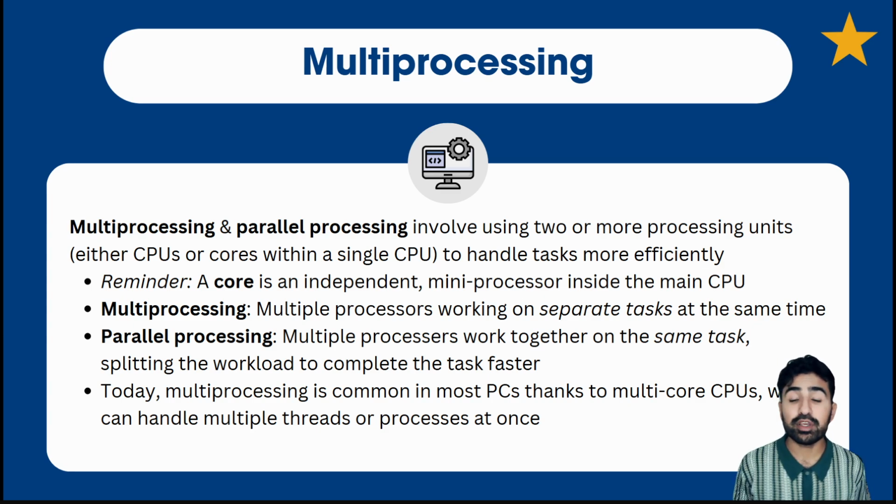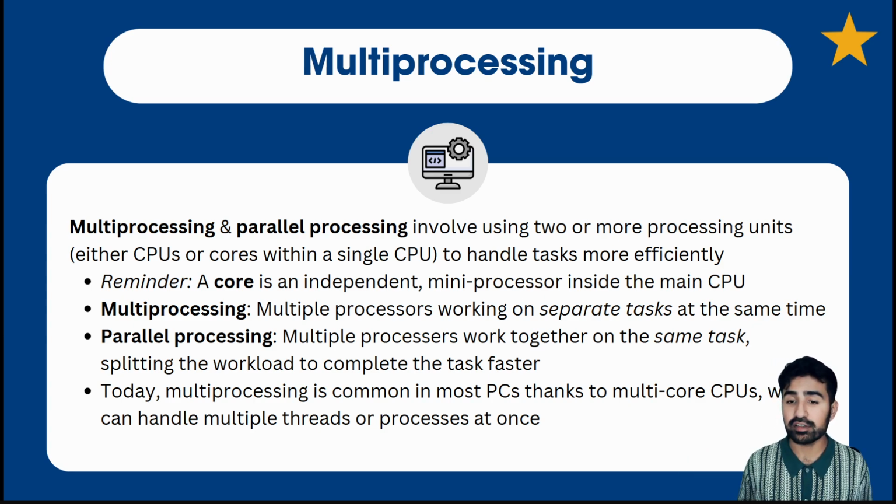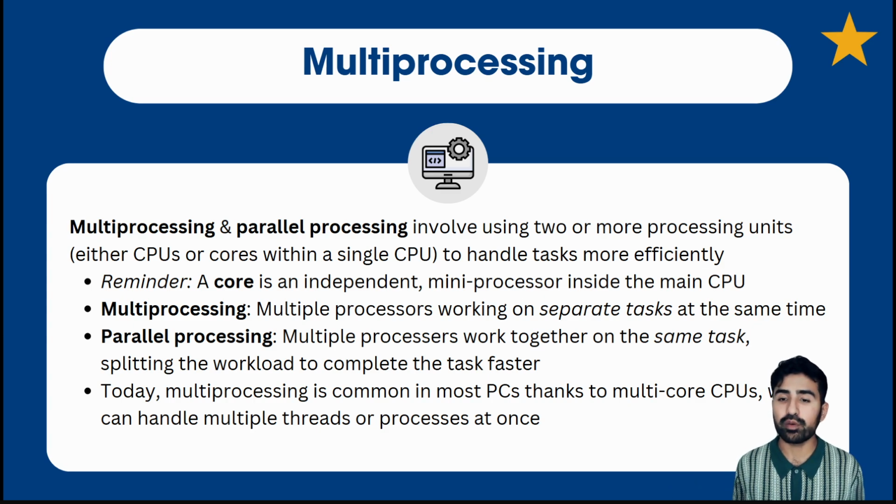That could be a CPU or it could be multiple cores inside of a CPU. Remember, a core is just a mini processor that's inside a bigger main CPU. So multiprocessing is when you have all the cores, all the processors working on separate tasks at the same time. That's real multitasking. You're actually processing multiple things at once.